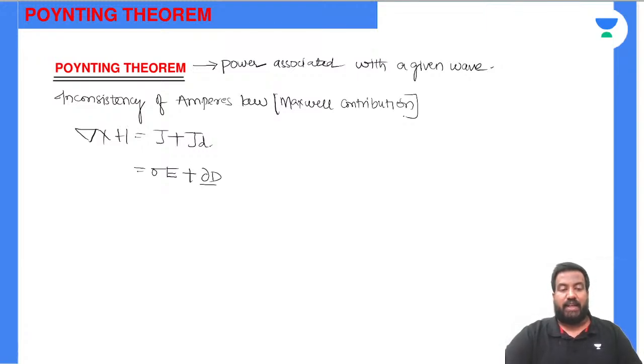JD is the displacement current density, which depends on the time varying field, given by dou D by dou t. D is equal to epsilon E.